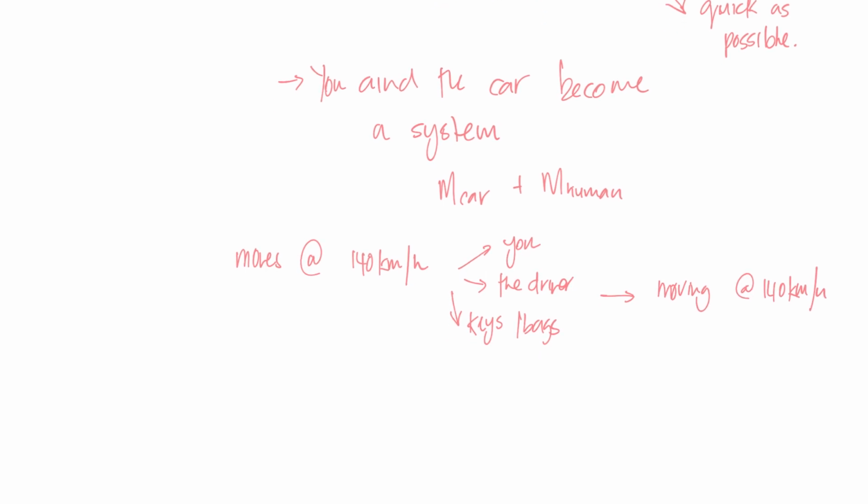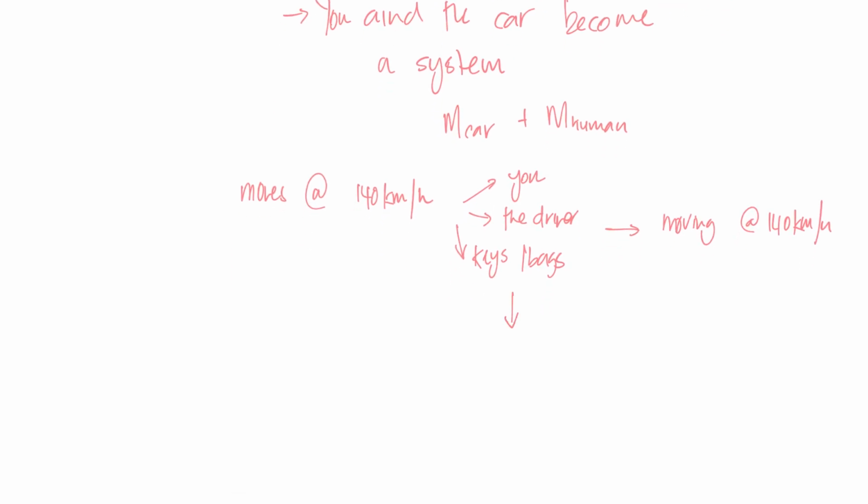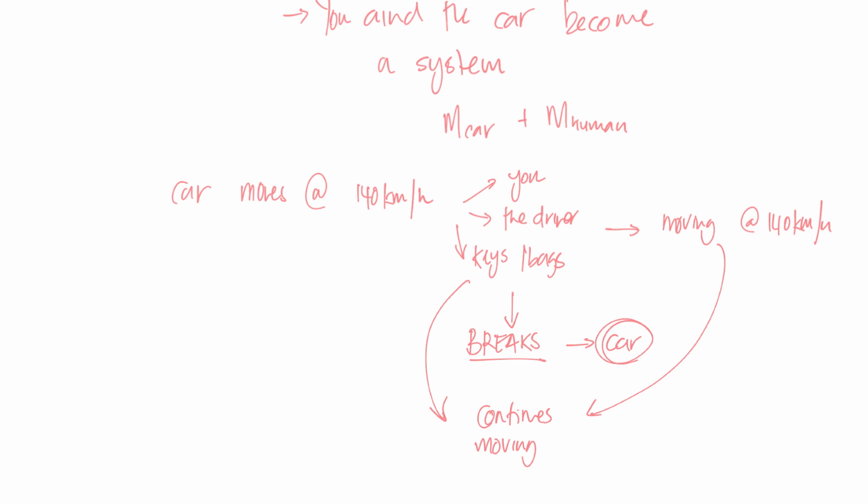Now, that's the situation, then the driver hits the brakes. The brakes only affect the car itself, but everything else inside the car continues moving at 140 kilometers per hour, even after the brakes.